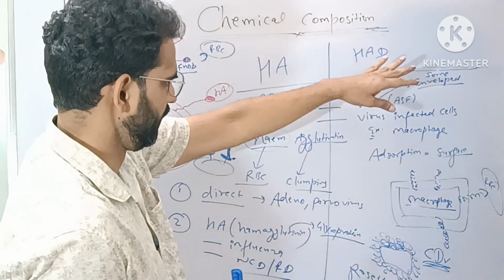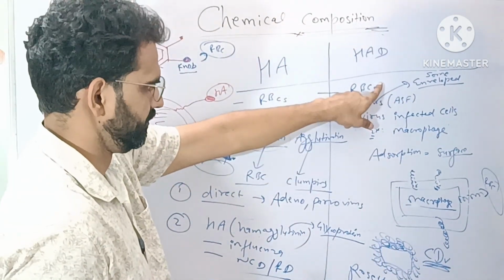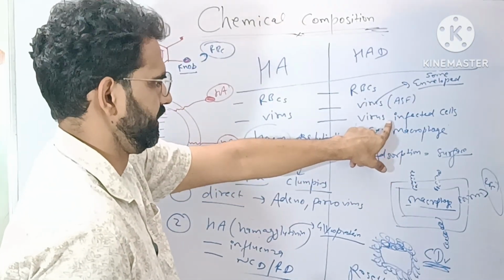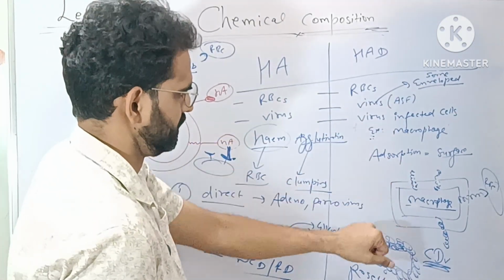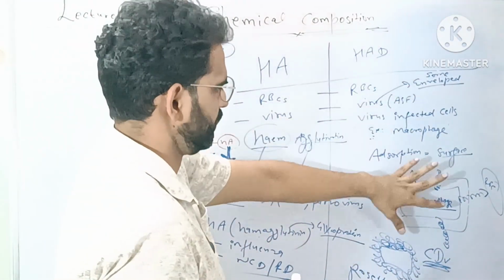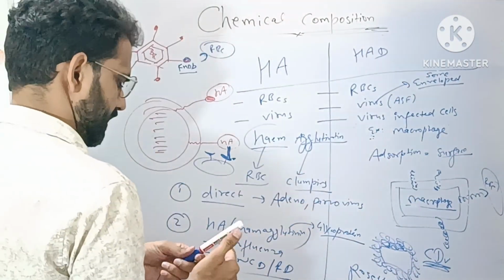So we require three things here: RBC, infected cell, and the virus. And which families show this kind of hemadsorption property?